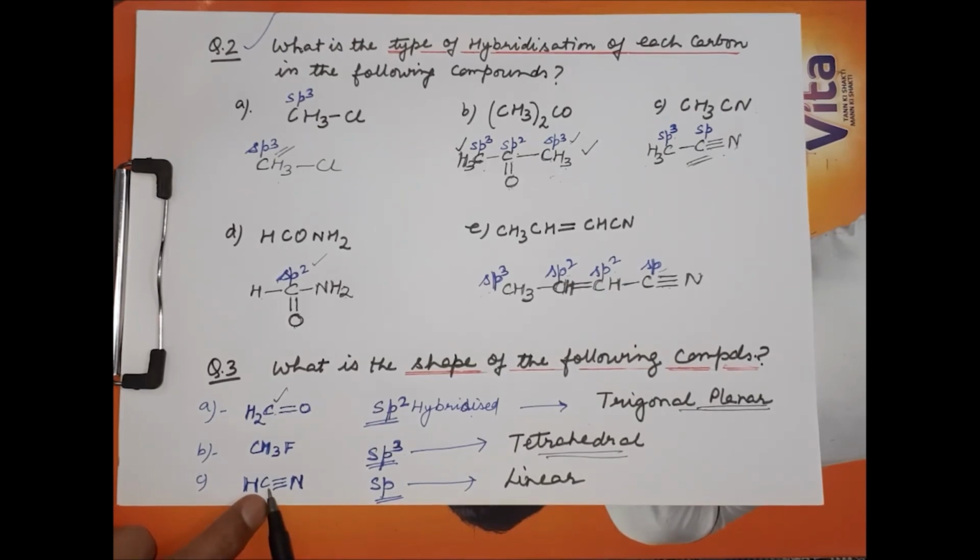HCN, C triple bond N. So this is sp hybridized, and in such case shape is linear. So I hope by these simple examples it is very much clear to all of us about all these hybridization states of carbon, sigma and pi bonds, and the shape of the organic molecules.